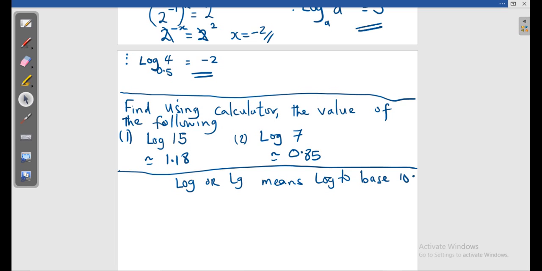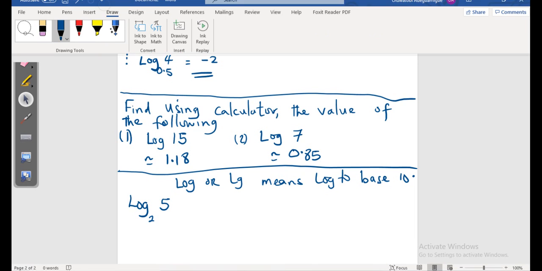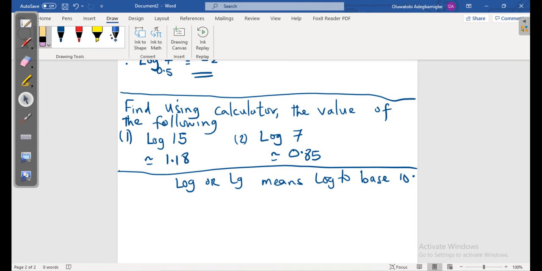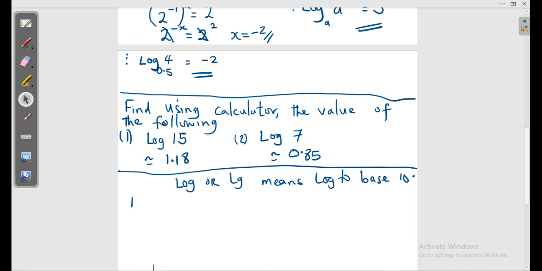So if you have a question like this, log 5 base 2, or rather, let us twist this question. And here's the twist. Find x if 2 raised to power x is 5.